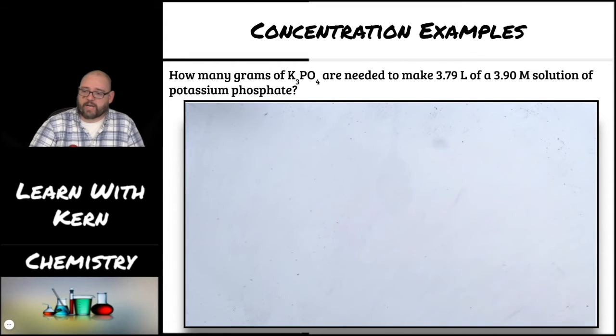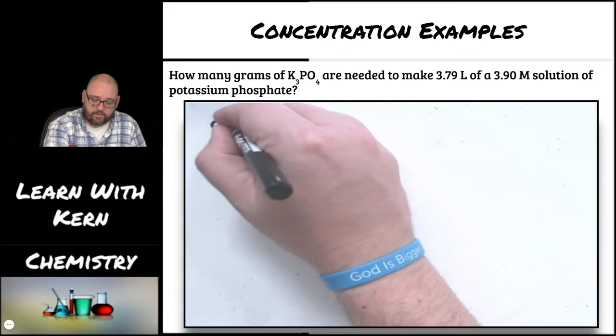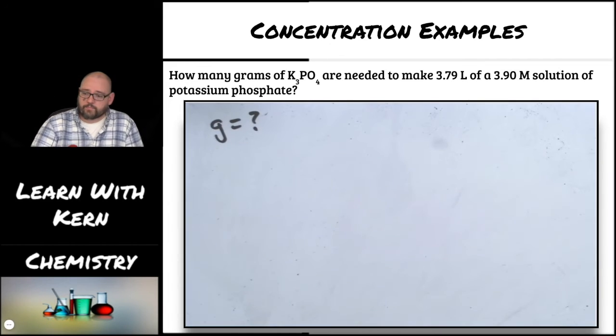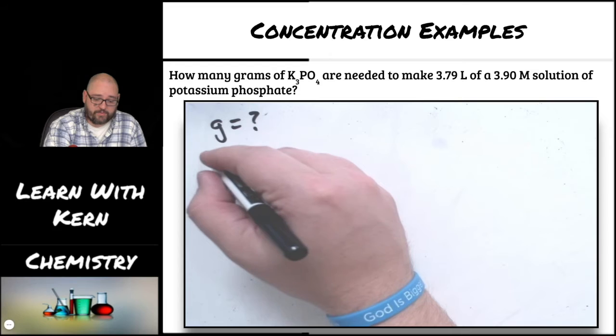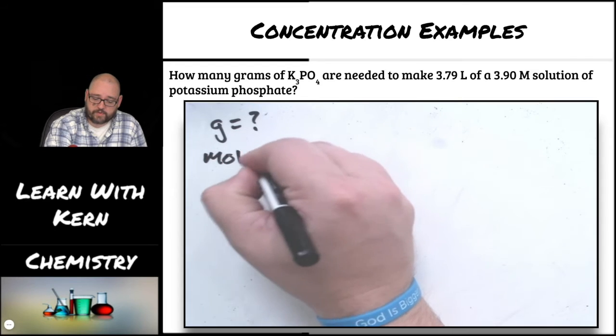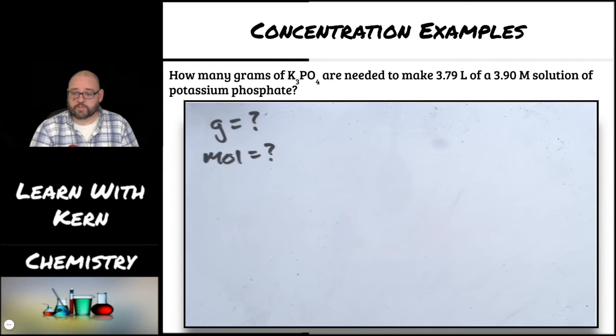Now, how many grams of potassium phosphate are needed to make 3.79 liters of a 3.90 molar solution of potassium phosphate? Well, first off, I want to know how many grams I'm going to need. So that means I'm going to have to find the number of moles first so that I can then do a mole conversion.